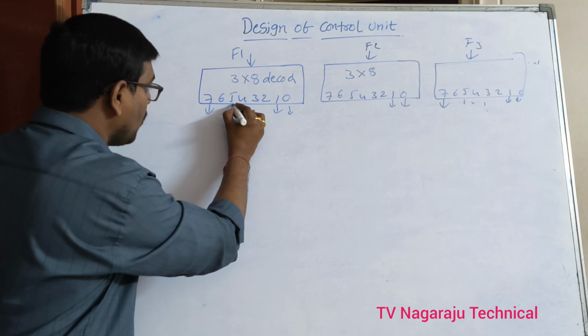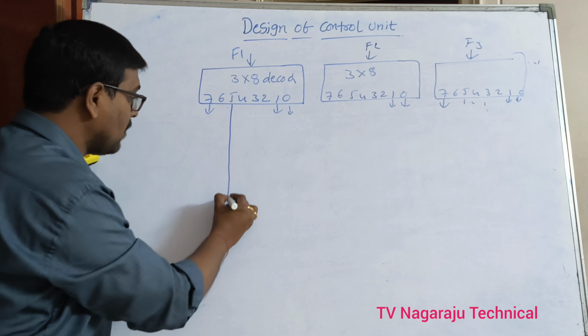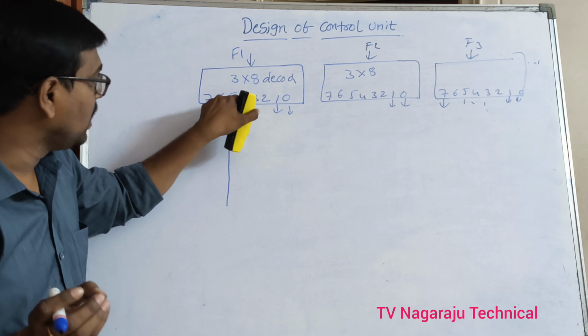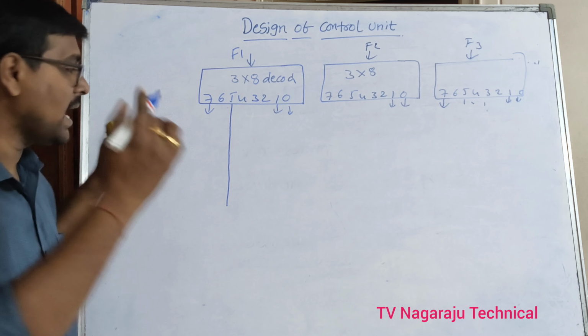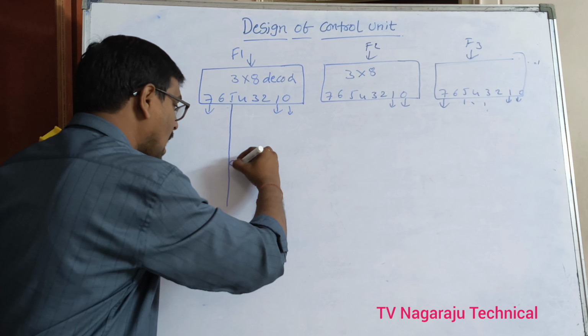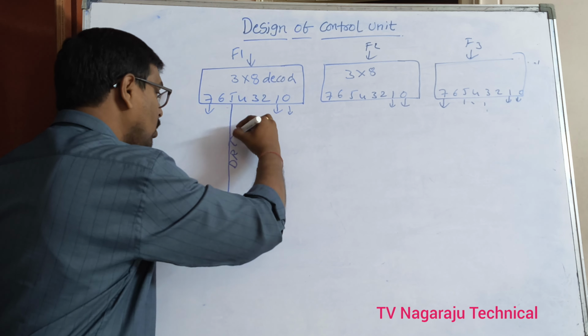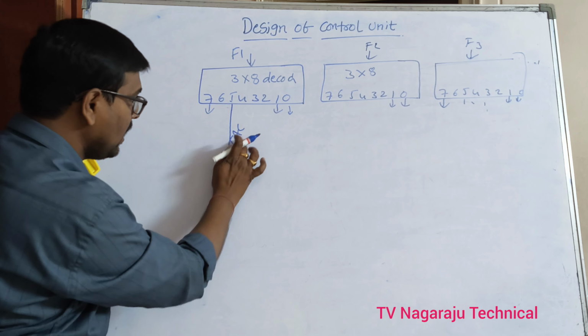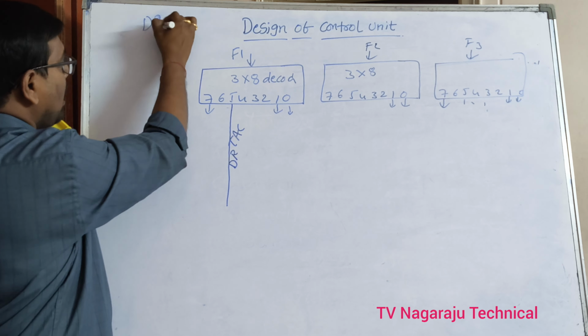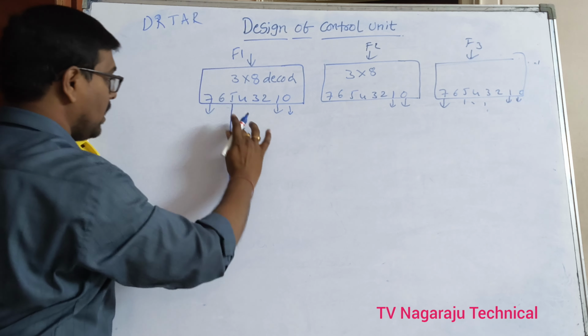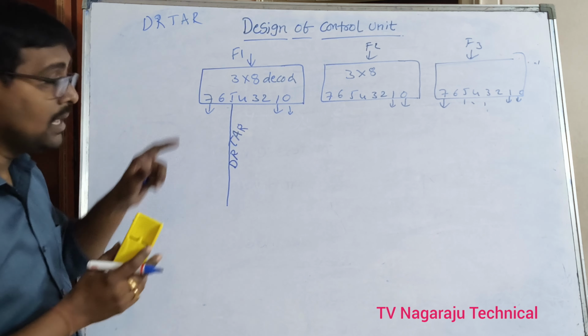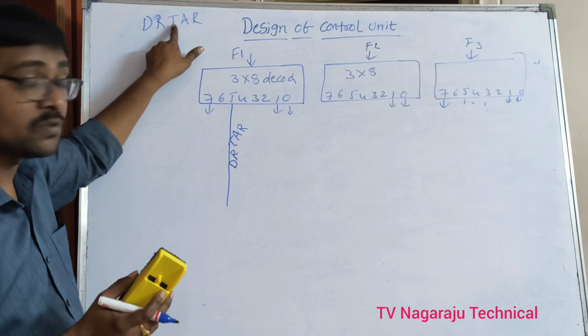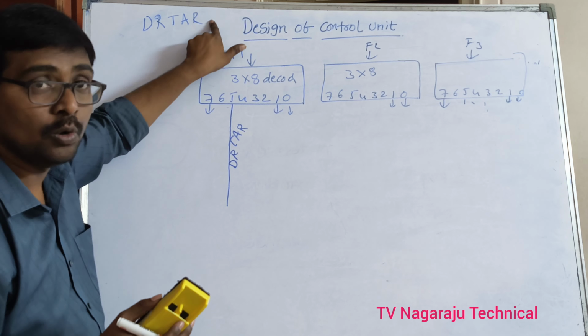For example, assume when the decoder output 5 is active, it performs the operation DR to AR. The meaning is transfer from DR to AR.